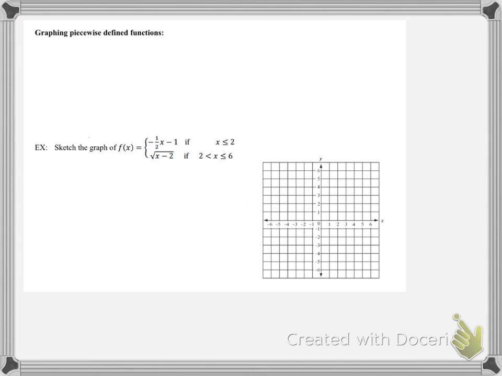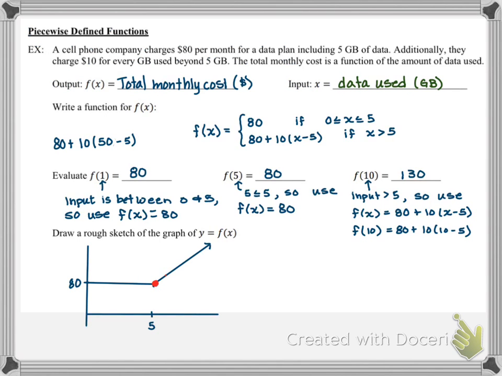So the first thing we're going to do to graph these is find the endpoints of each piece. In this case, we had an endpoint right here because we didn't go to the left of 0, right? Our function didn't apply to anything less than 0.